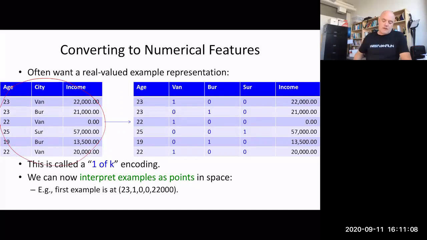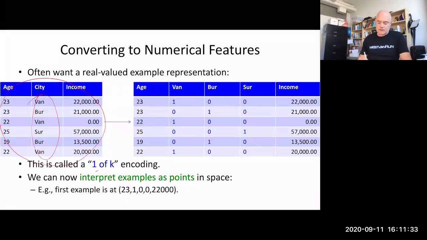If we have a table of data items like this, in which we have three features, one of which is this categorical feature, city, Vancouver, Burnaby, Surrey, and so on and so forth. If we want to operate on numerical features, which we're going to want to do, we can't actually operate on a data type that looks like this. So we need to transform it into some sort of numerical representation.